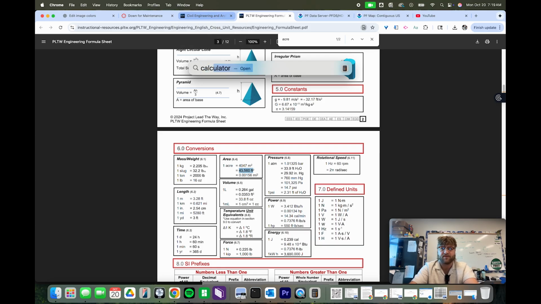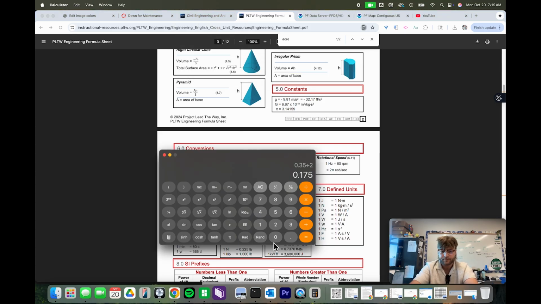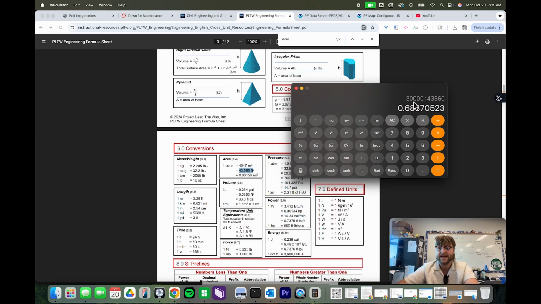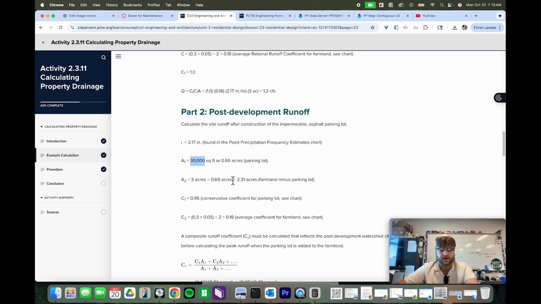So they end up providing us with 30,000 square feet is what our area is of our parking lot. And if we divide that by our conversion factor here, which is 43,560, that's going to end up providing us this in acres. And so if we go back in here, they end up rounding this up to 0.69 acres there for the parking lot.